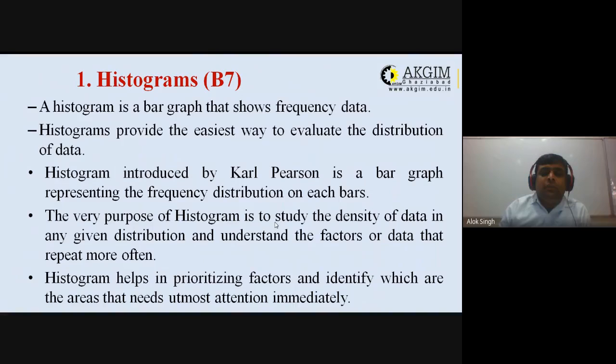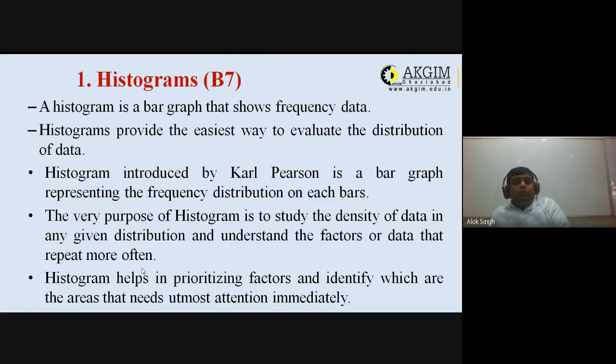The very purpose of a histogram is to study the density of data in any given distribution and understand the factors or data that repeat more often. If the data is repeating itself, you can count the frequency and represent it in a graphical way, so that it can be easily understood by any person.